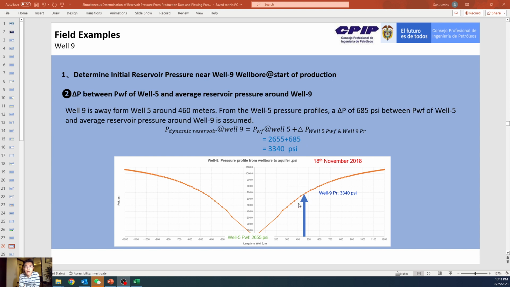This is the initial average reservoir pressure around the well number 9 wellbore.